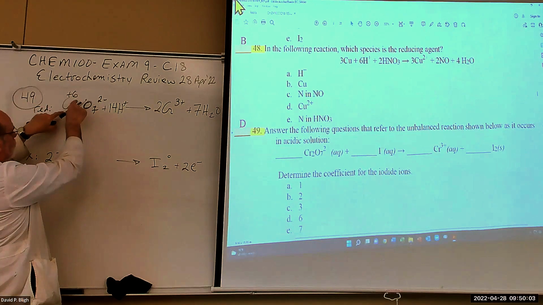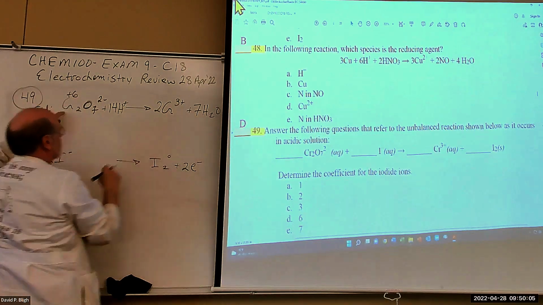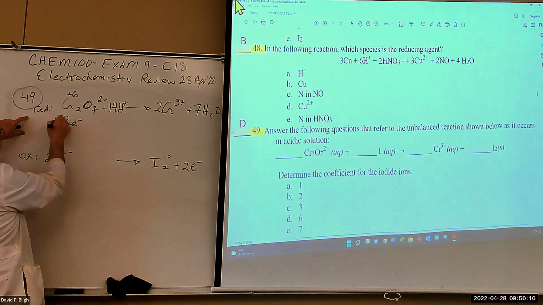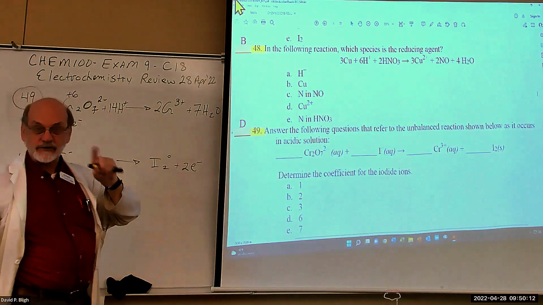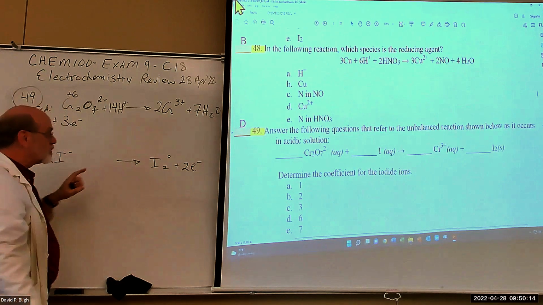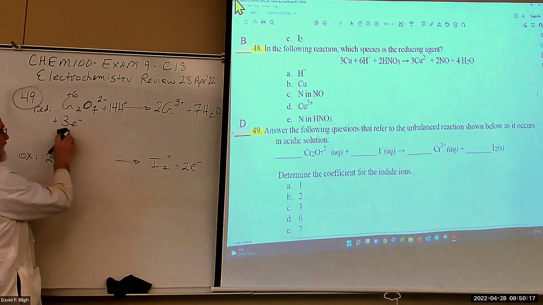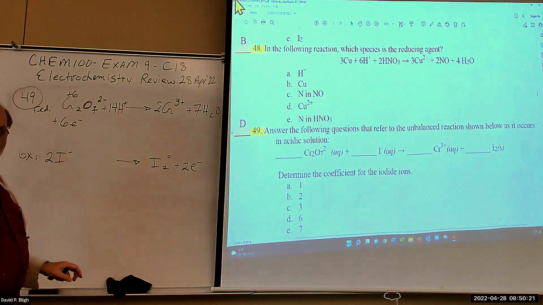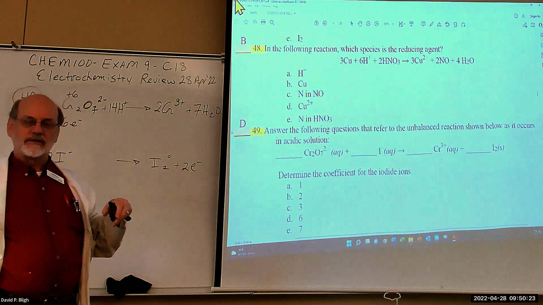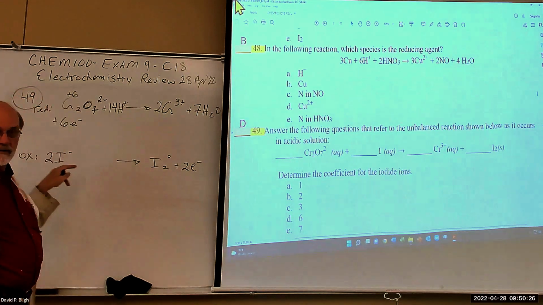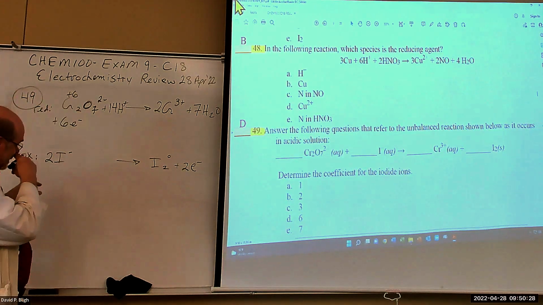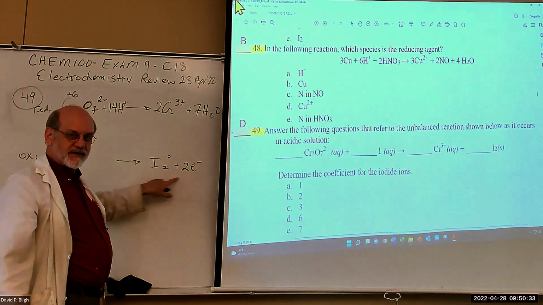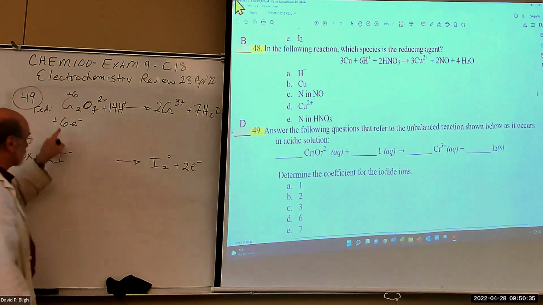So in this case, we're going from a plus 6 to a plus 3, which means we had to gain 3 electrons. But there are 2 of them. There are 2 chromiums. So we actually gain 6 electrons. All right. Now what do? Before we can put these back together, we have to reconcile the electron numbers. If we multiply this equation by 3, we will get 6 electrons.